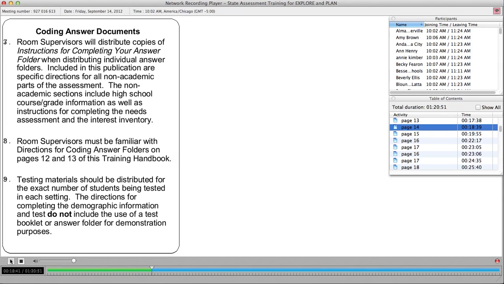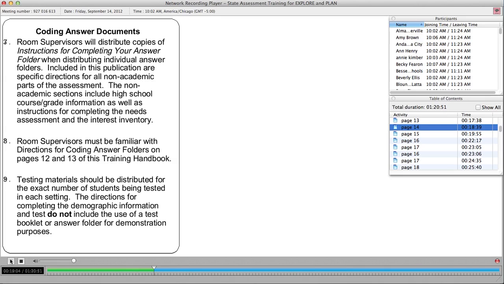Okay, encoding answer documents. Again, we talked about the instructions for completing your answer folder. The room supervisors will distribute copies of these documents when distributing individual answer folders. Included in this publication are specific directions for all non-cognitive or non-academic parts of the assessment.